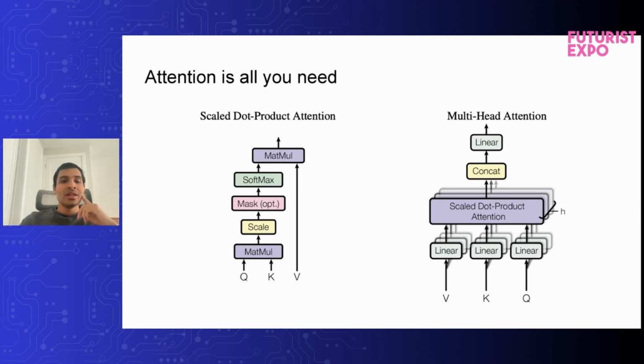The product of query and key gives us how much this particular word wants to attend to all the other words in the input text, like this word feels more important to me.